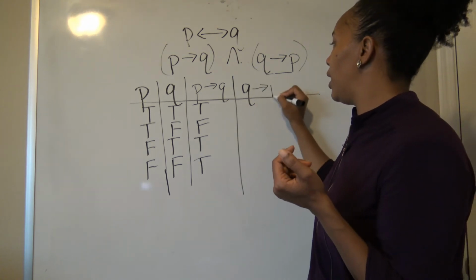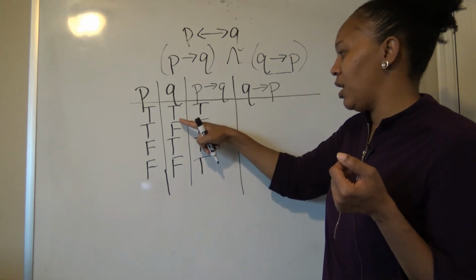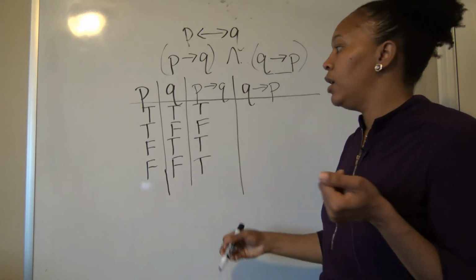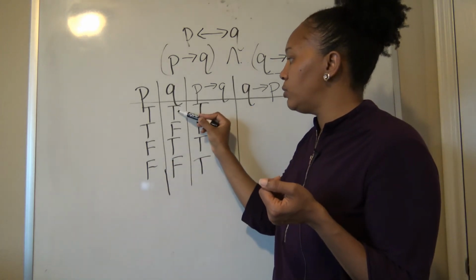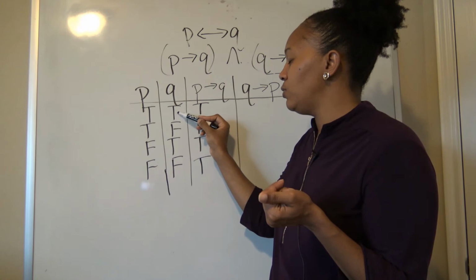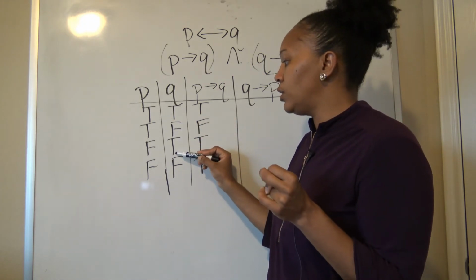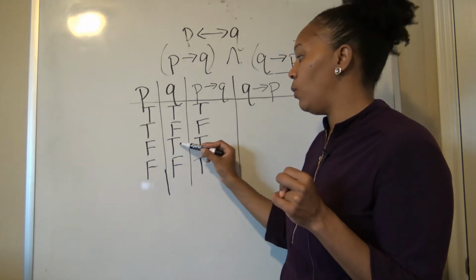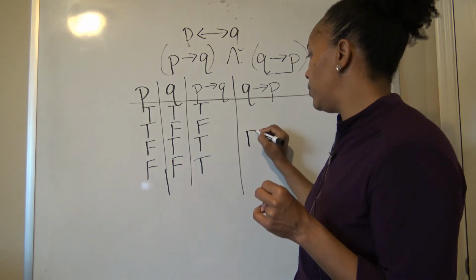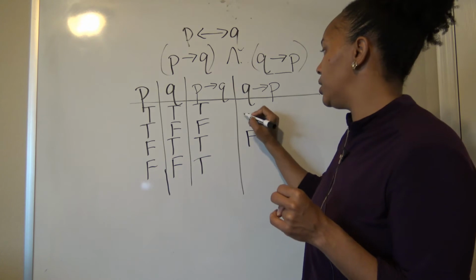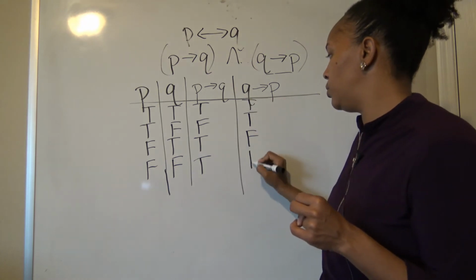So Q implies P. So I'm looking at this column first and this one second. Remember that it's false when the first one is true and the second one is false. Well, this first one is true, the second one is true, so that wouldn't be false. Here, the first one is true, the second one is false, so that one would actually be false. That third case right there will be false. That means all of the other ones would be true.